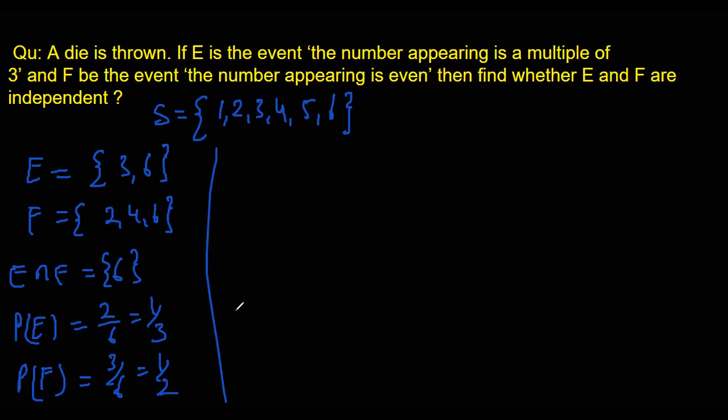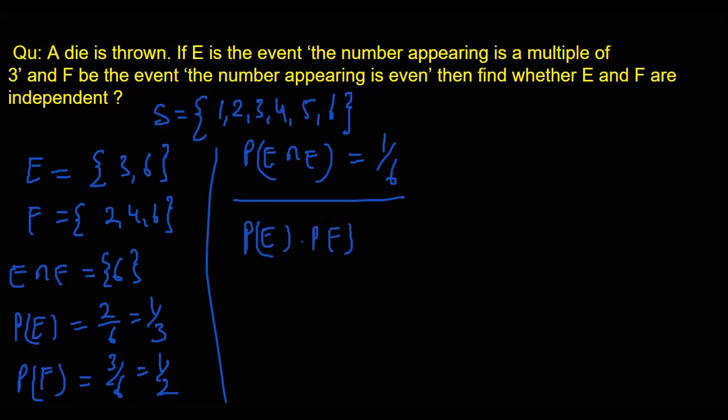Okay, what would be P(E intersection F)? In this case, what are the common elements? I have only 6. So 1 is favorable, 1 by 6. So let us see what is the product of P(E) into P(F). When we see P(E) into P(F), we observe that it is 1 by 3 into 1 by 2, which is 1 by 6.